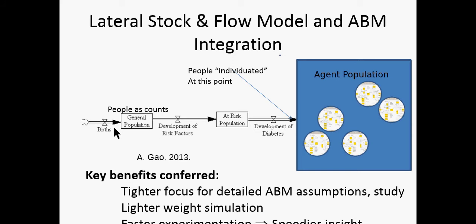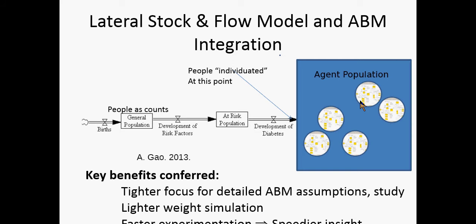And don't get me wrong, the general population may be stratified by age and sex and ethnicity. It's not that this has to be some undifferentiated whole for the entire population. We may actually break out subgroups of greatest interest, but the point is that it's not represented at an individual level.